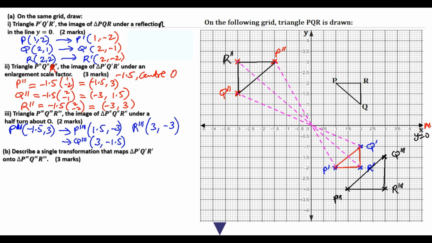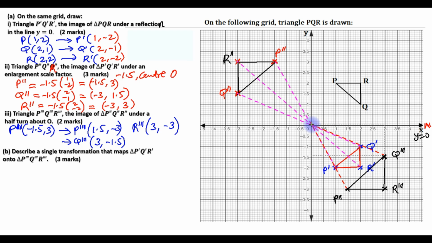The other thing now is to describe a single transformation that maps triangle P prime Q prime R prime onto P triple prime Q triple prime R triple prime. So from there, now join P prime to P triple prime. There's something you'll notice.